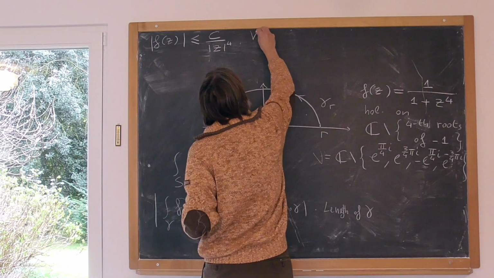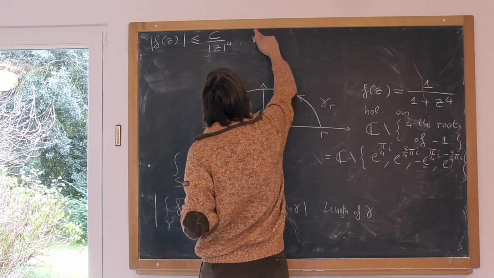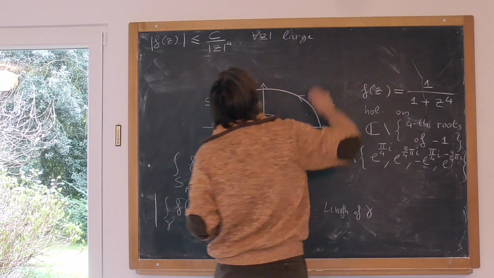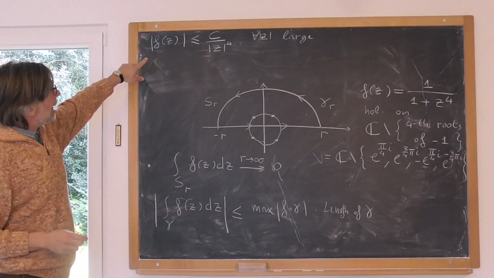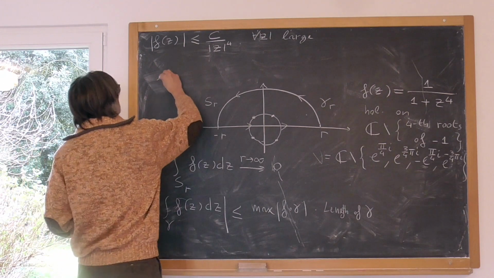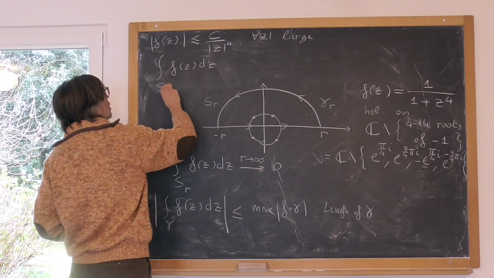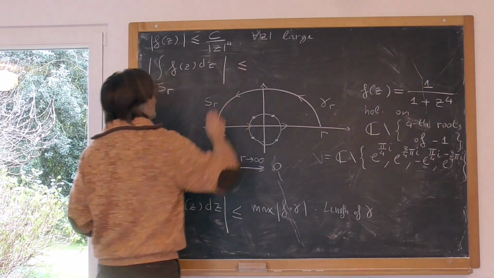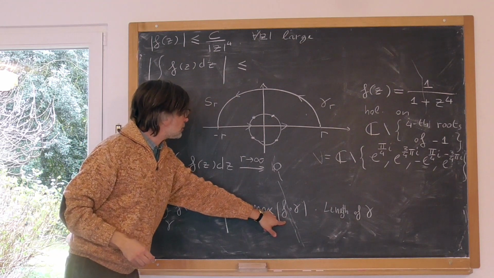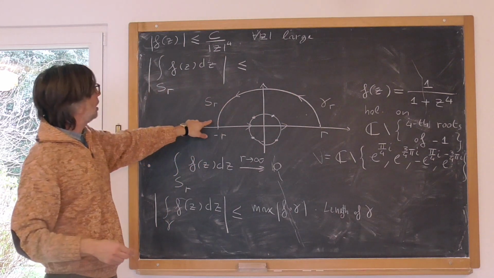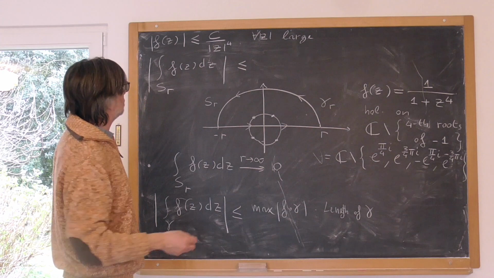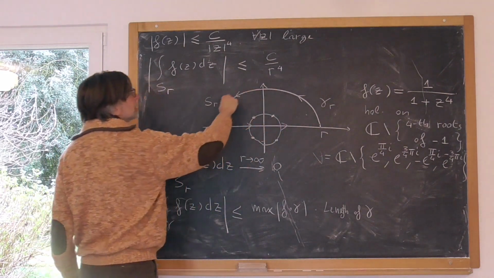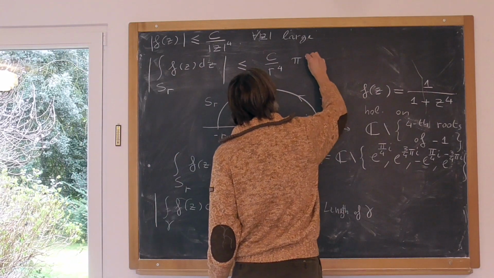So we have this bound, say for z large in absolute value, and therefore, when we integrate f over this half circle and take the absolute value, the function f in absolute value on this half circle is smaller than C times R to the power minus 4, and the length of this half circle is pi times the radius.